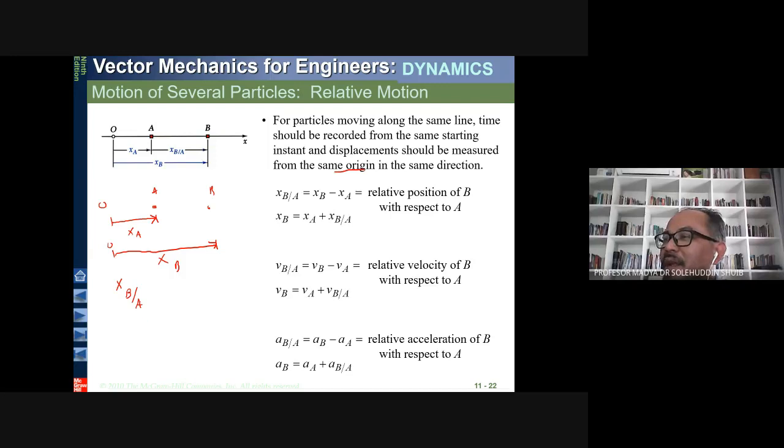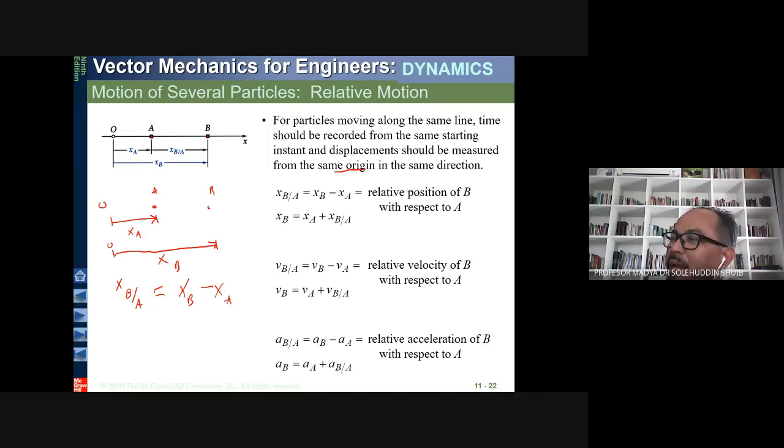So what is that? It basically means B minus A. So we have here xB, the distance from here to here, xB minus xA, right?